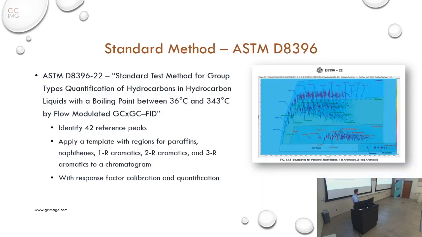With that in mind, there are a couple more standards that we can apply a template to. The ASTM D8396 involves identifying 42 different reference peaks, as well as identifying regions for the paraffins, naphthenes, 1-ring, 2-ring, 3-ring aromatics.